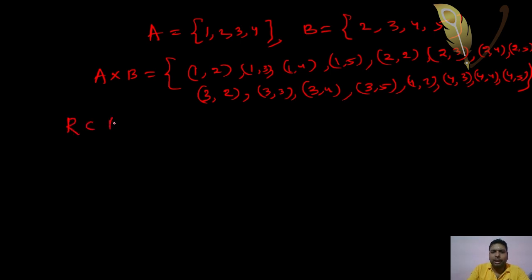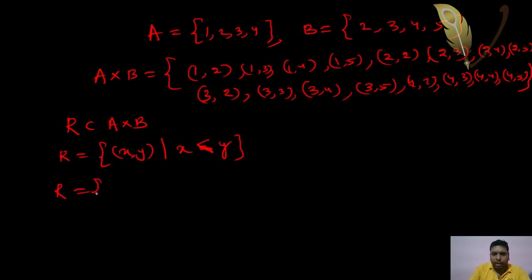R is a relation from A into B, so R is a subset of A cross B. Suppose R equals the ordered pairs (x, y) such that x is less than y.